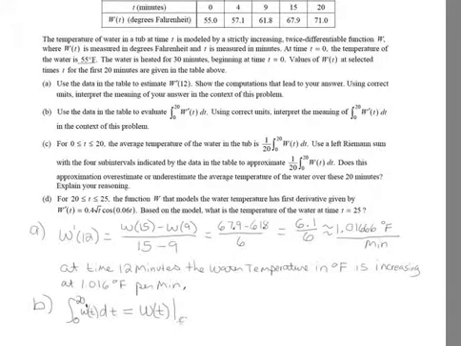Then I evaluate it from 0 to 20, and I simply get W of 20 minus W of 0. W of 20 is 71 degrees from the table, minus W of 0 is 55 degrees, again from the table. And so what is it that we have found? First of all, it's going to be 26 degrees.